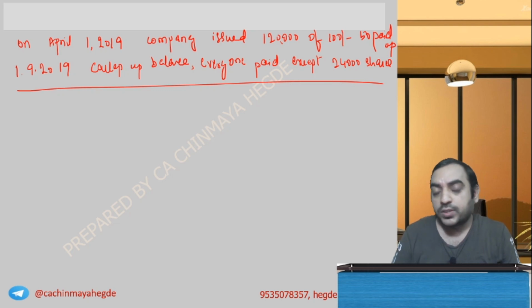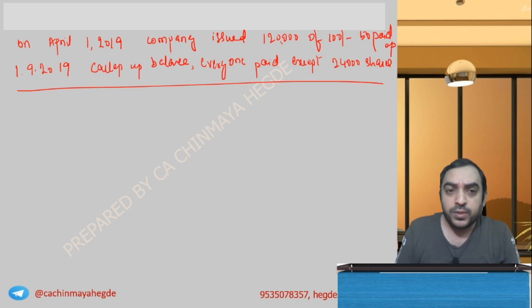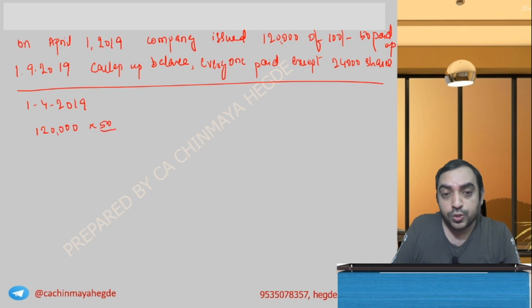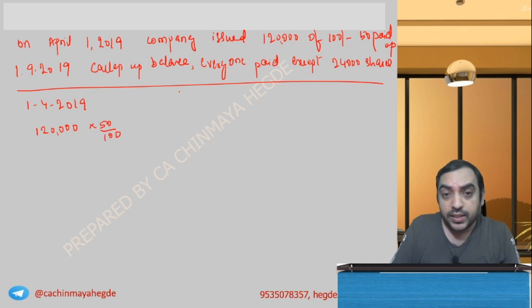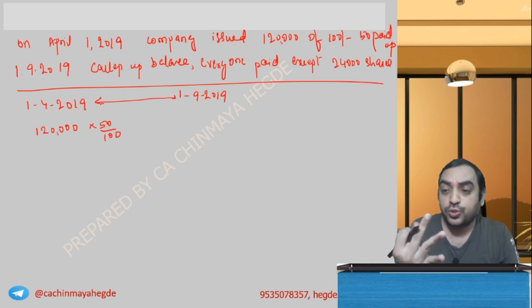It can be done in 2-3 ways. I'll give the simplest possible. So on 1st of April 2019, you had 1,20,000 shares, 50 paid up. So proportionately we take 50 by 100, till 1st September 2019, a period of 5 months: April, May, June, July, August.